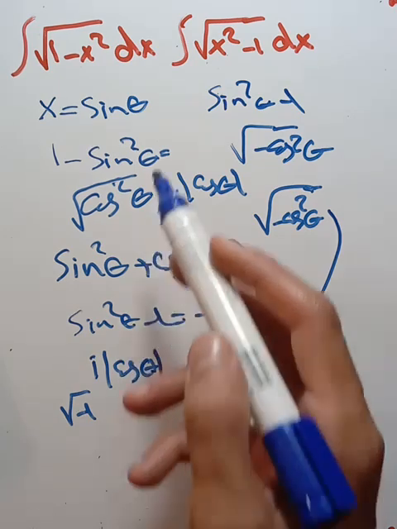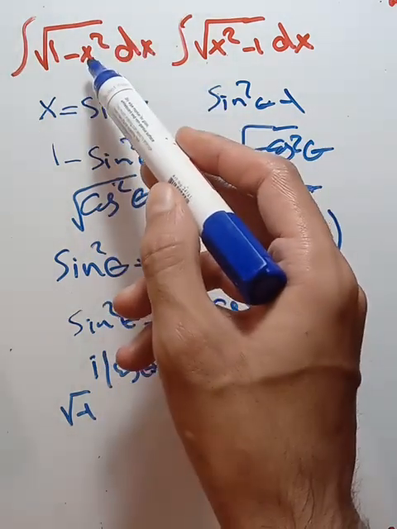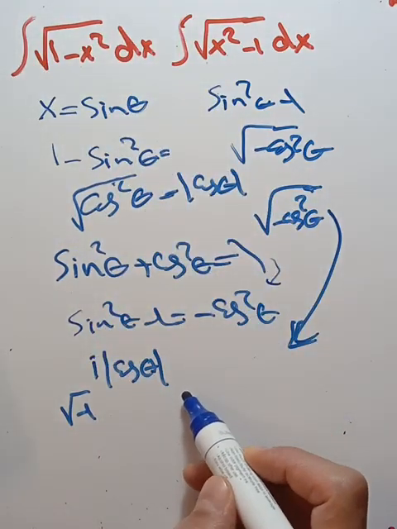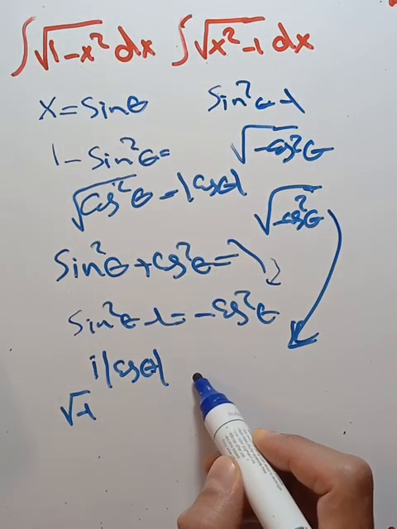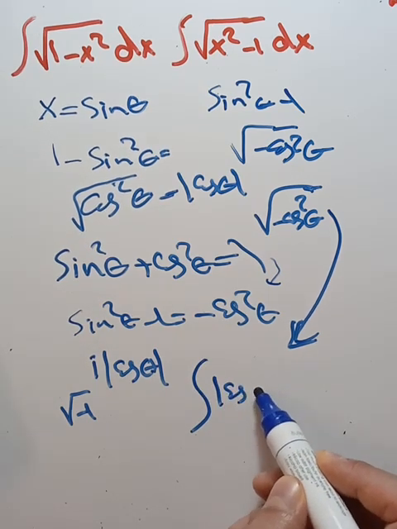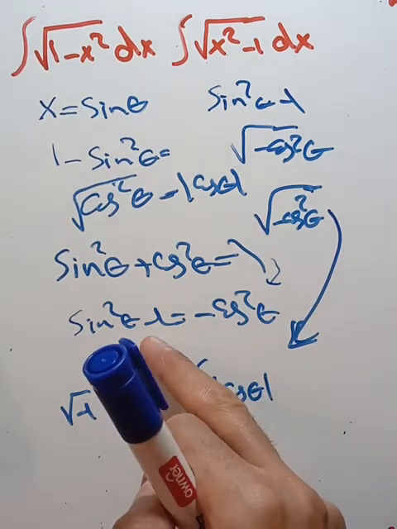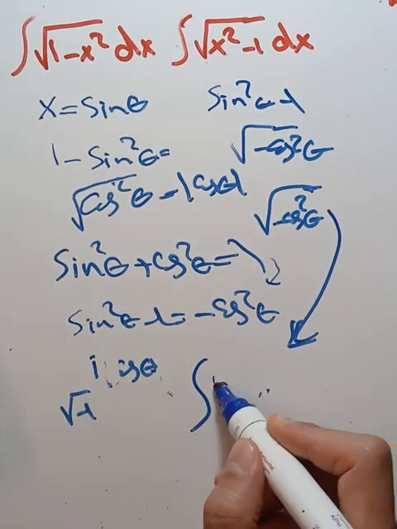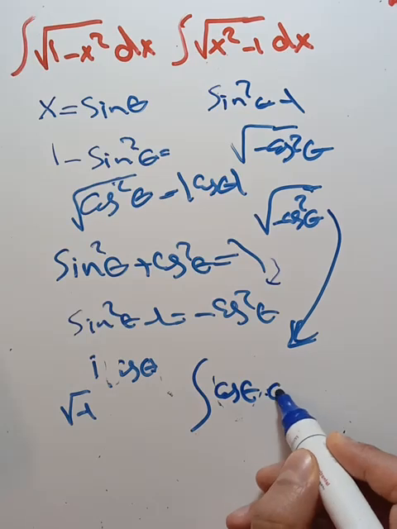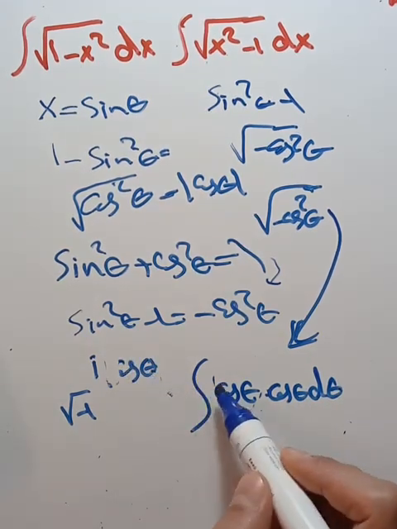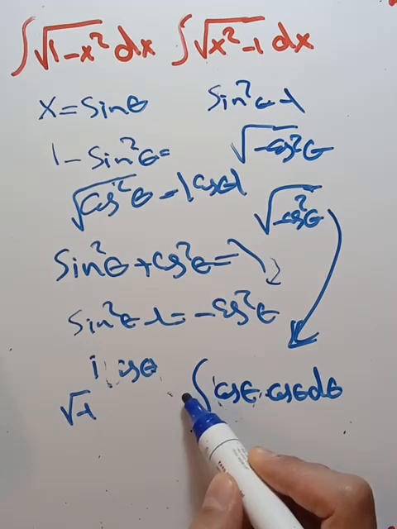Okay, and evaluating this integral, then we're going to have the integral of, and let's remove the absolute value, cosine theta times cosine theta d theta, and with the i here.